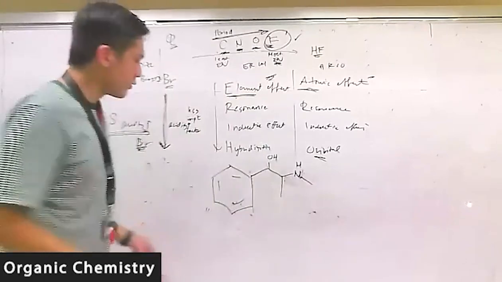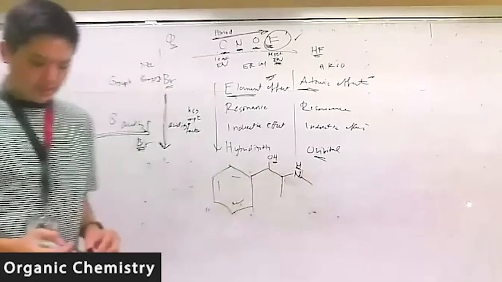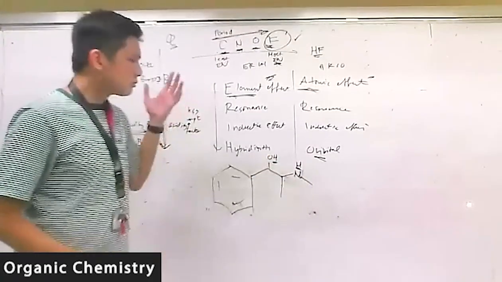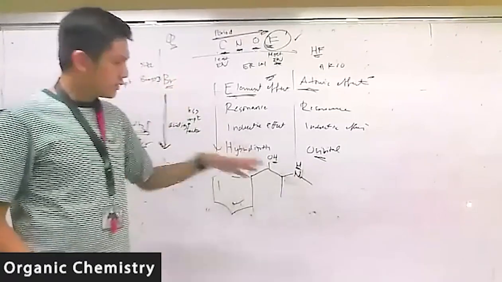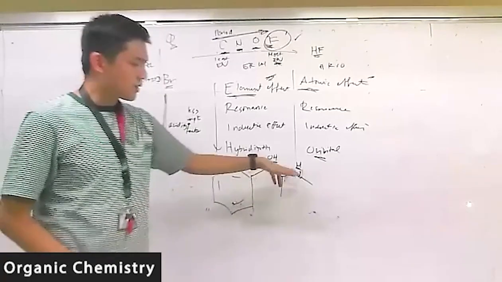What we're looking for is which of these is the more acidic hydrogen? Is it O or is it N? So alin po? Most acidic is the H on the O or the H on the N?